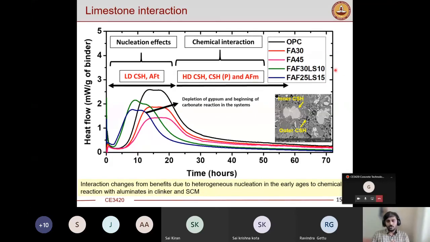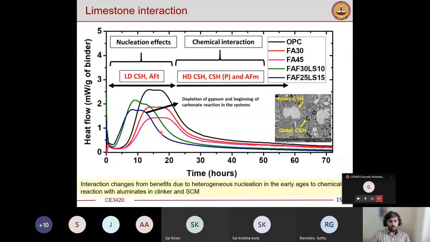So because of which the heat release rate is reduced. Interestingly, when you add limestone, for example, along with 30% fly ash, I am adding 10% limestone to it, the heat release rate gets shifted this way, which shows the nucleation effect which I was talking about. Because it's nucleating, it's enhancing the reaction of clinker, the heat release rate is being shifted, which means you are accelerating your setting process, you are increasing the reaction which is happening at early ages.